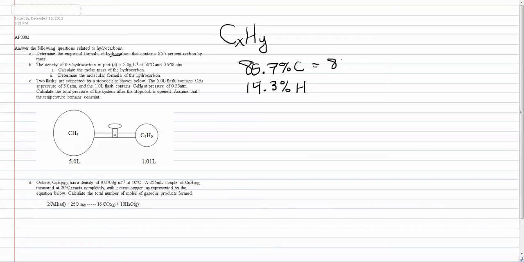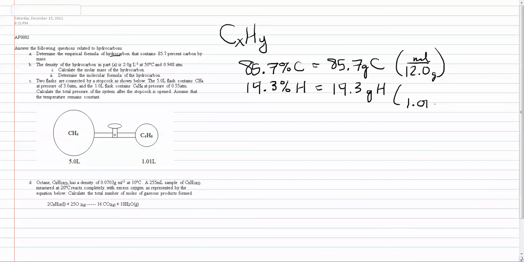Let's just say that there's 85.7 grams of carbon and there is 14.3 grams of H. At 12 grams per mole for carbon, and I'll go 1.01 grams per mole for hydrogen.